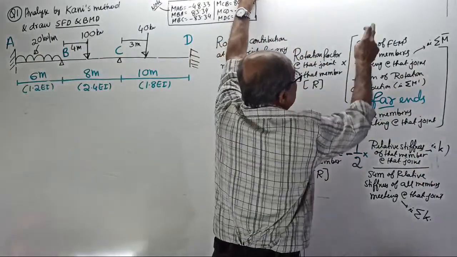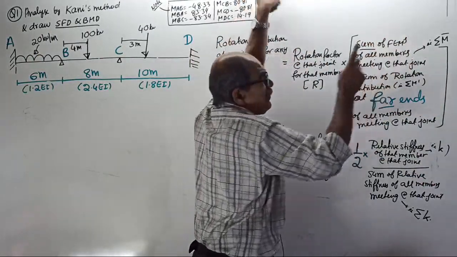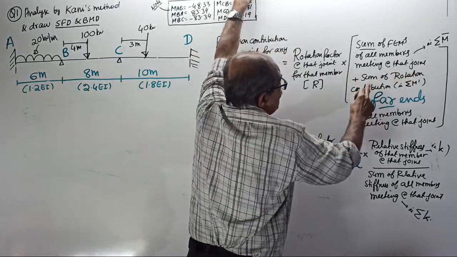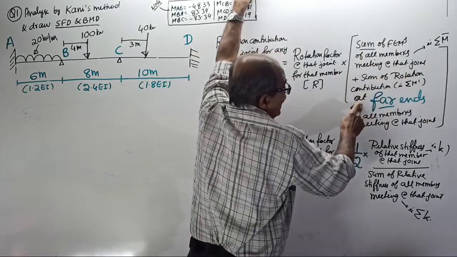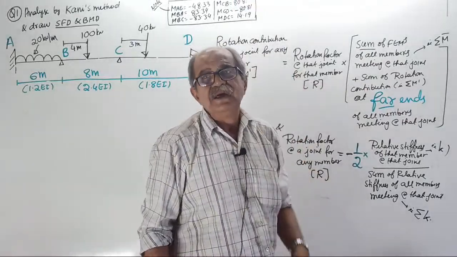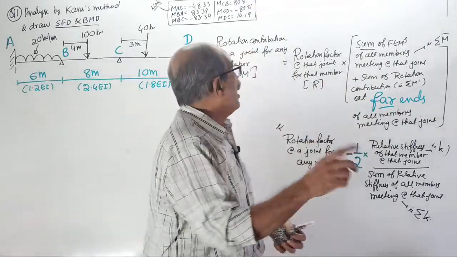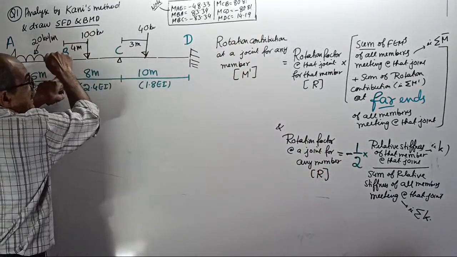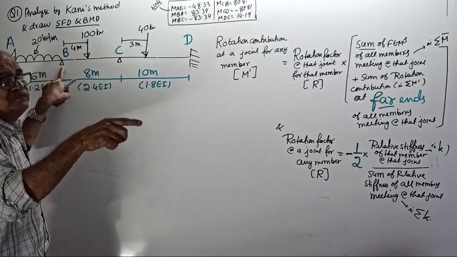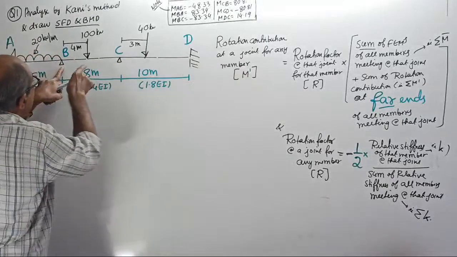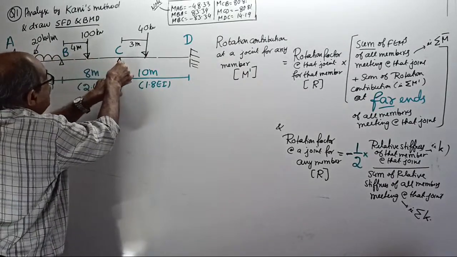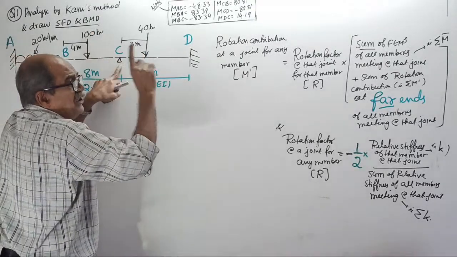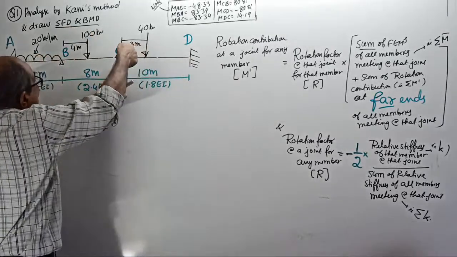The bracket term is the sum of FPMs of all members meeting at that joint plus the sum of rotation contributions, that is m dash, at the far ends of all the members meeting at that joint. Suppose I want the rotation contribution at B. It is the sum of the FPMs here plus the sum of the contributions at the far ends, here and here. If I want C, it is the sum of the FPMs here plus the sum of the contributions at this far end and this far end.